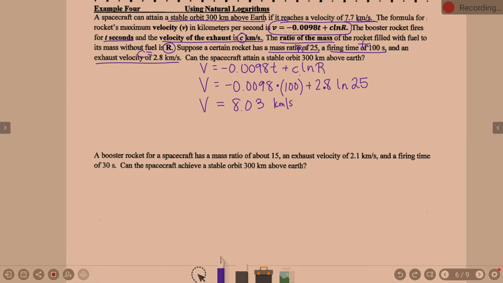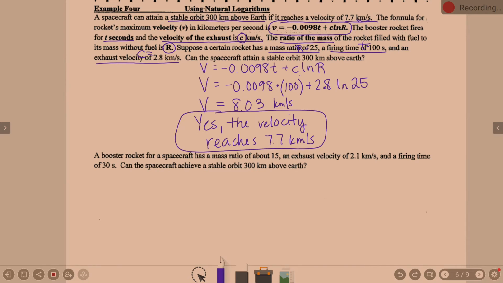Yes. It certainly does. So my answer to the problem is yes. The velocity reaches 7.7 kilometers per second. And again, that information was given at the beginning of the problem, right?